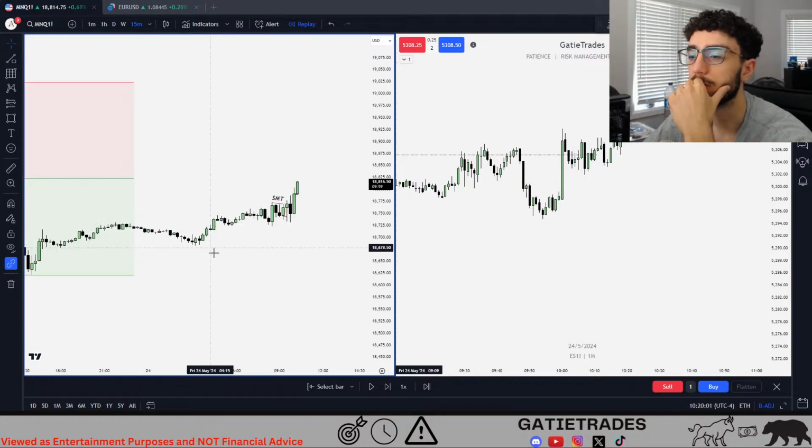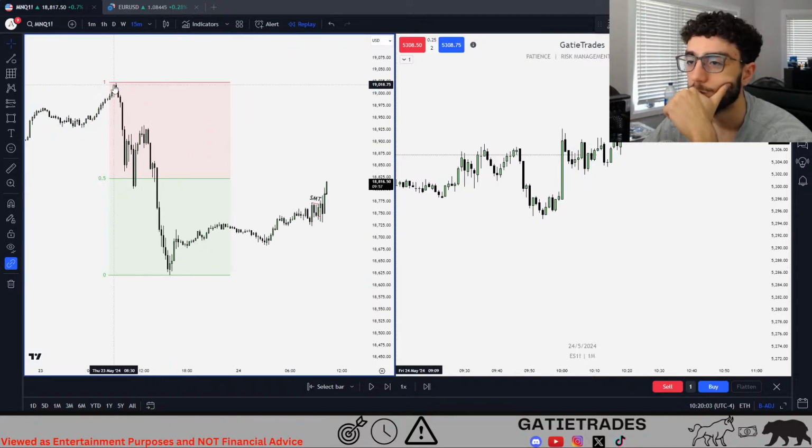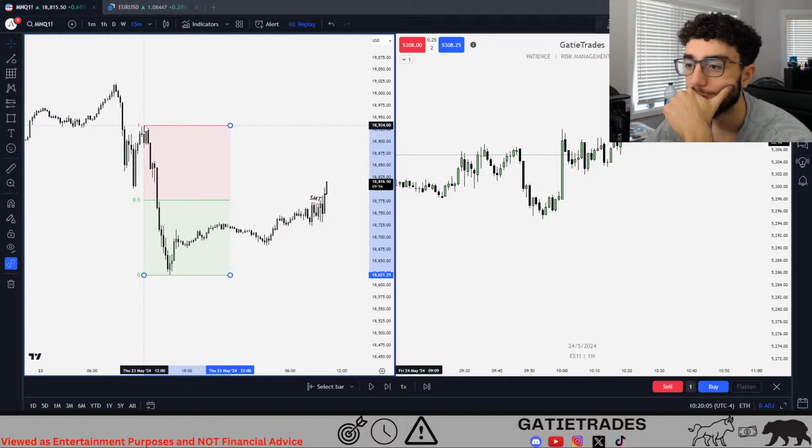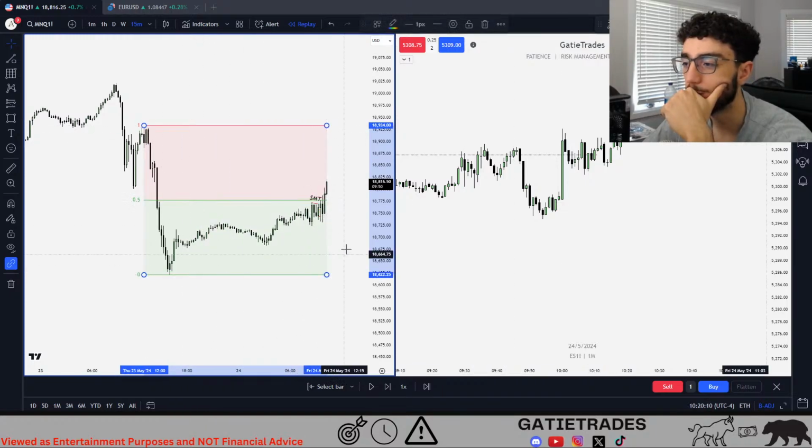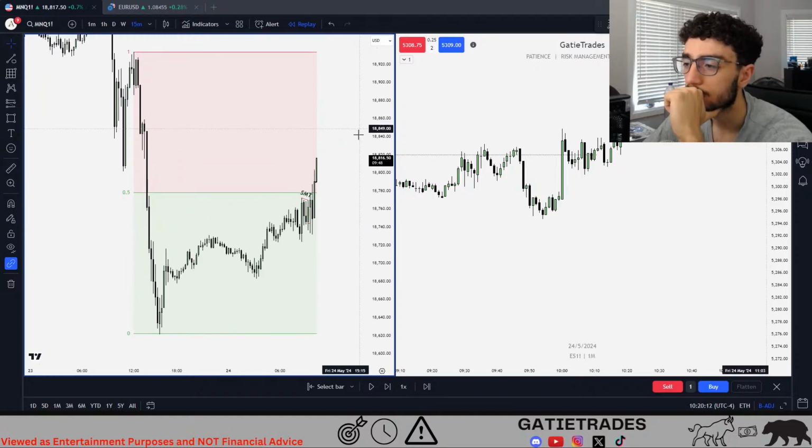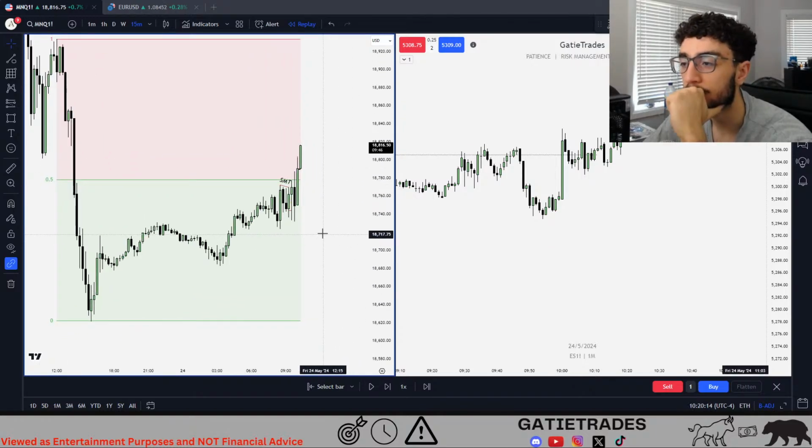Look at the 15-minute dealing range, just out of curiosity. Yeah, you are right about that. This was still in discount. Yeah, it's valid. That is valid. Could just fade all the setups.